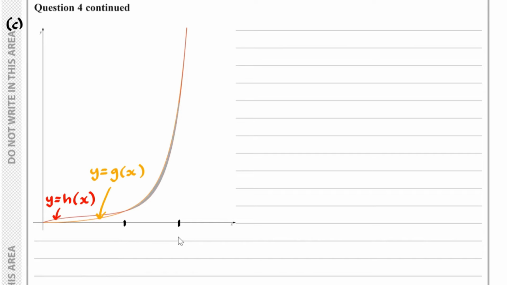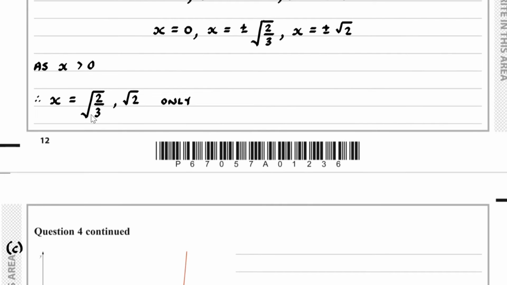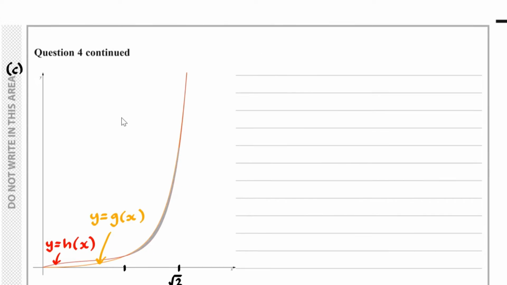So, this point here is square root 2. So, we've got another point of intersection which is square root of 2/3.